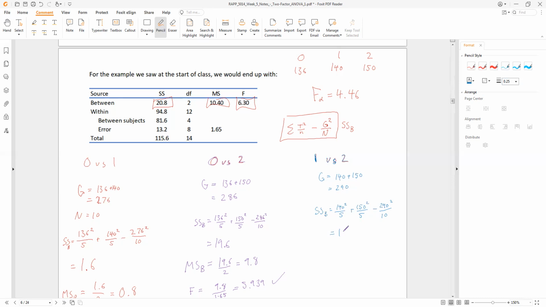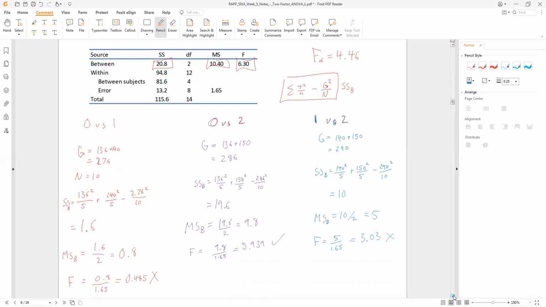And that's going to be 10. And then my MSB is going to be 10 over 2, which is 5. And then my F is going to be 5 over 1.65, which is going to be 3.03, which is not significant, right? So like I said, we expected this to agree with the Tukey, and it did, right?